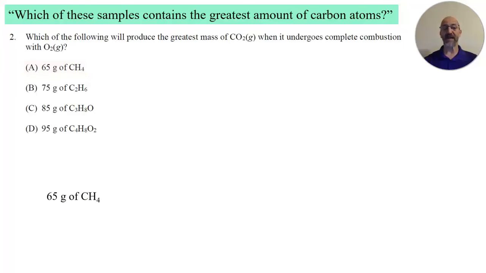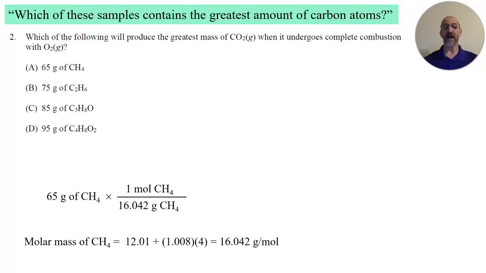So I'll start with choice A. I have 65 grams of CH4. First, I'm going to convert from grams to moles using the periodic table. So here is my calculation for the molar mass of CH4. So I'm converting from grams to moles, so times 1 mole of CH4 over 16.042 grams of CH4. And now I'm going to convert to moles of carbon atoms.